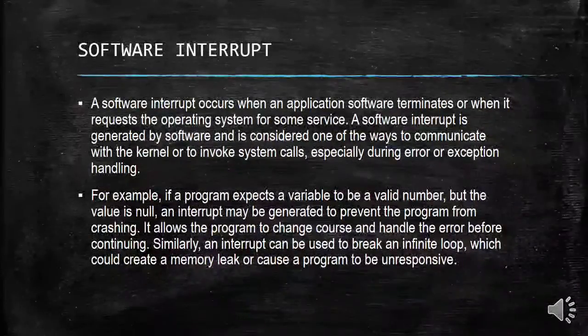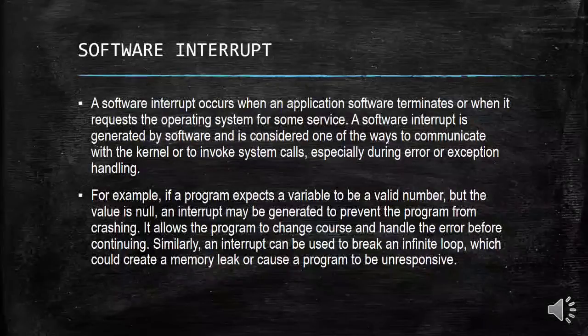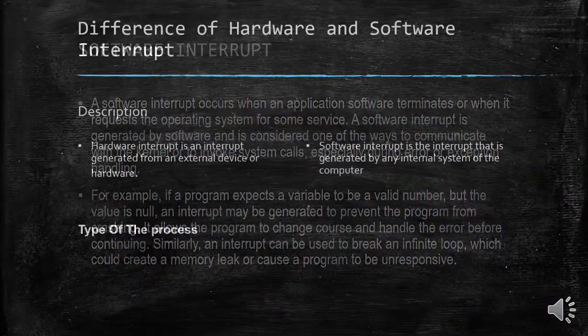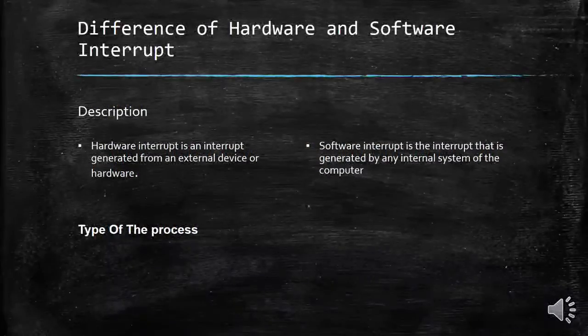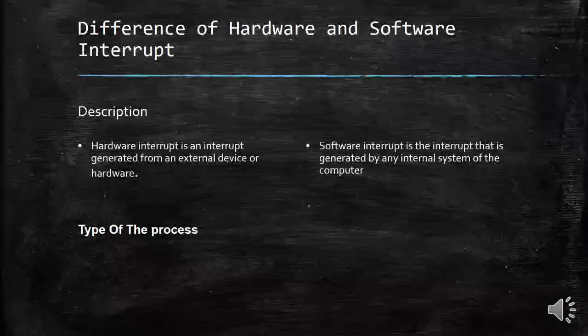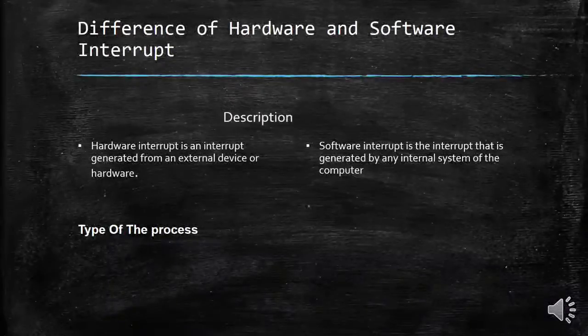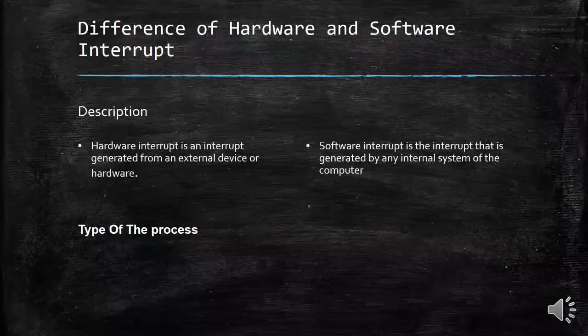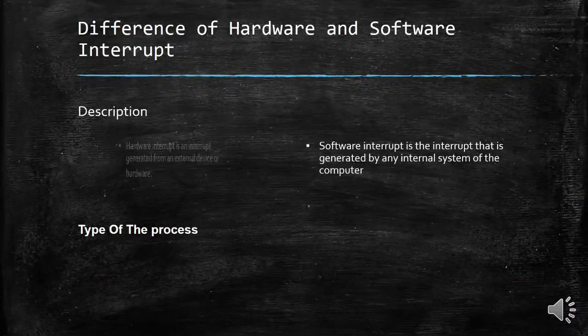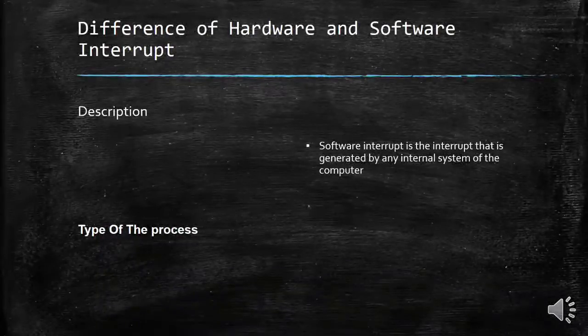The hardware interrupt has lower priority than the software interrupt, and the software interrupt has higher priority than the hardware interrupt. Then how does it affect the program counter? In hardware interrupts it does not increment the program counter, but the software interrupt increases the program counter.